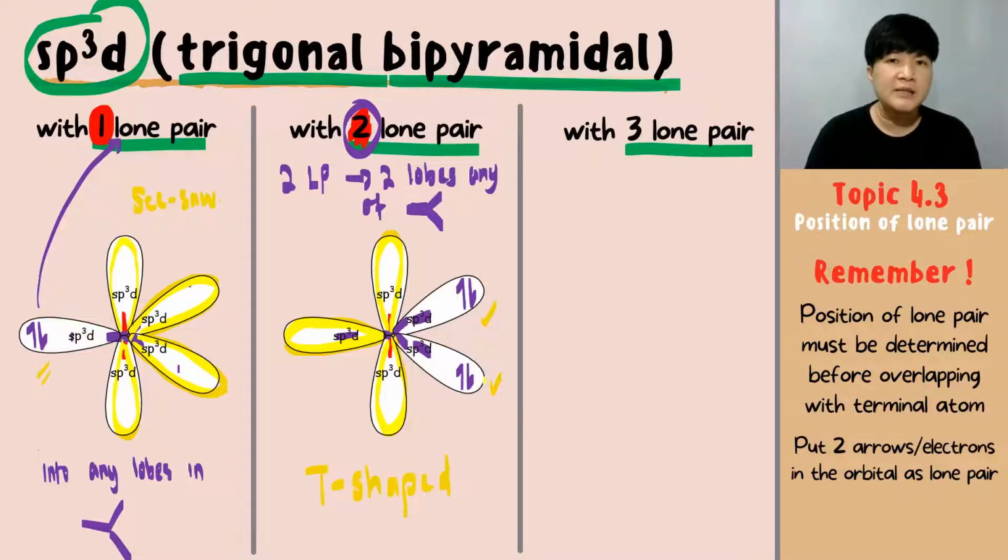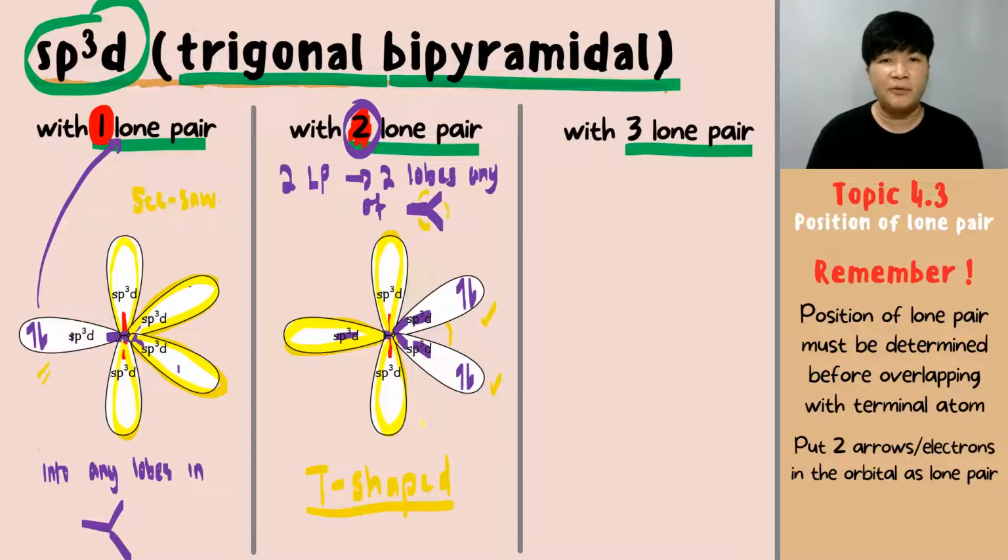We want to minimize the repulsion between the lone pairs, so we put them at the furthest distance, which is the 120 degrees in your triangle. So when you put the two lone pairs over here, you produce your T shape, in your VSEPR theory previously.